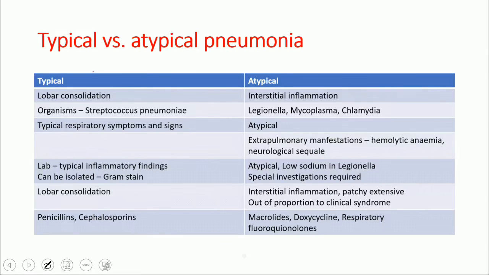So they have a bilateral, patchy involvement rather than a clear-cut lobar consolidation. That clinical presentation doesn't fulfill the usual cough, sputum, fever, and their X-ray is also interstitial, with widespread, patchy involvement. On auscultation, you don't hear anything much at all, right? Because again, it is interstitial and not alveolar, so you don't find any features of consolidation. You might hear a few crackles here and there, but nothing else.